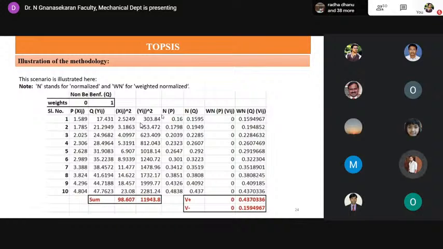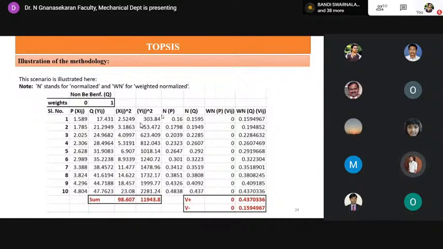Now, in the fourth column, we are doing normalization according to step 1 of the TOPSIS algorithm. The second column is squared, and the last row gives you the summation. Then the normalization takes place.